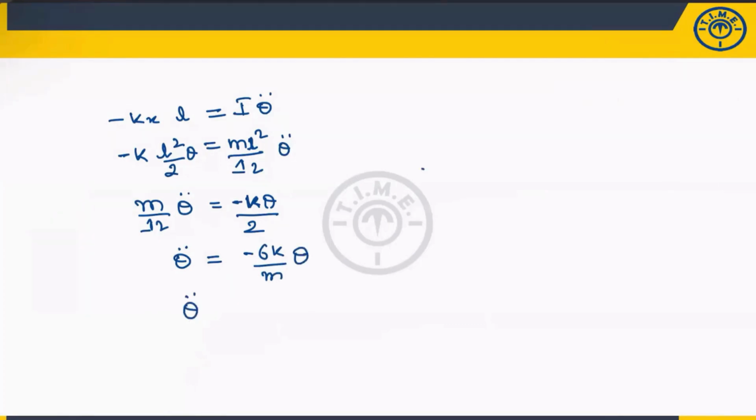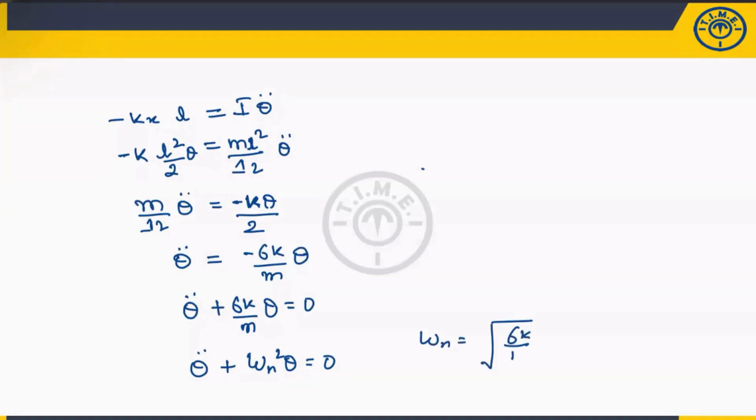So theta double dot plus 6k by m theta is equal to 0. If you compare with the equation of motion of SHM, theta double dot plus omega n square into theta is equal to 0. So what is omega n here? Omega n is nothing but root of 6k by m.